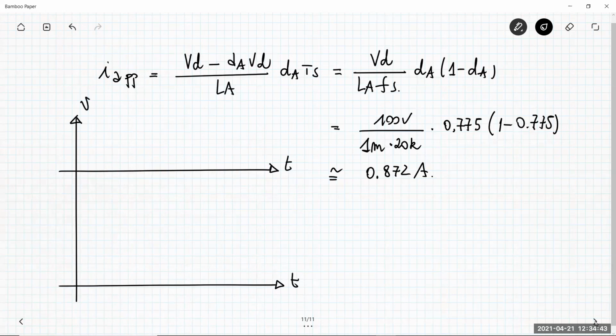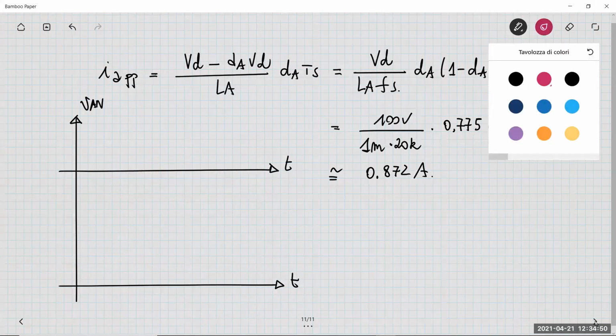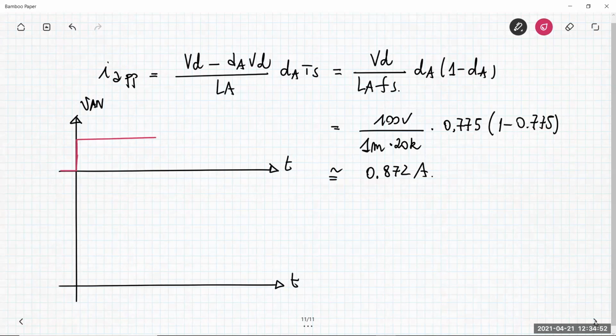Okay, VAN is the average quantity plus the contribution. This I already drew before, something like this. 0, VD, TS, T on.